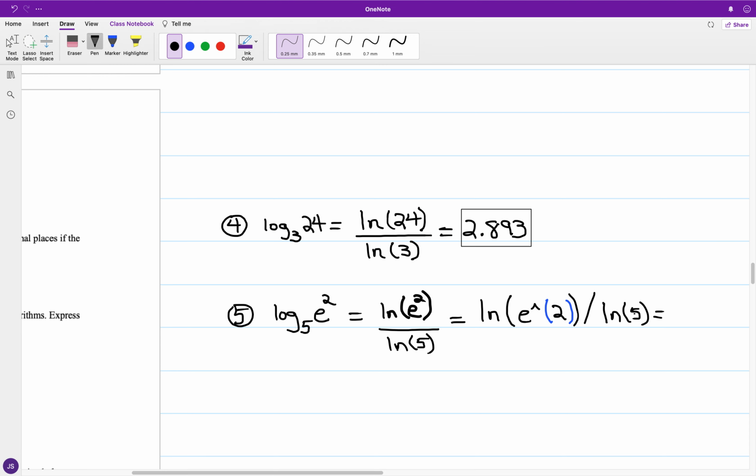And so for what we will have in this case, this will be about 1.243.